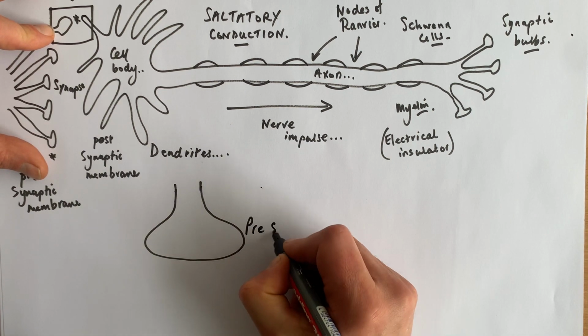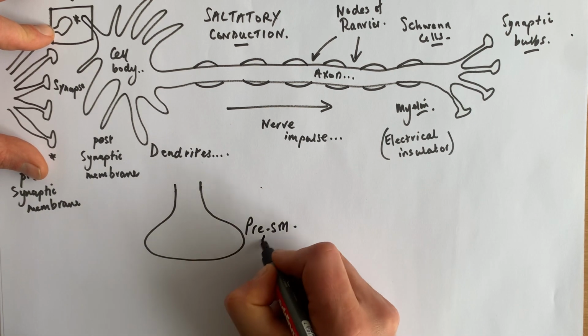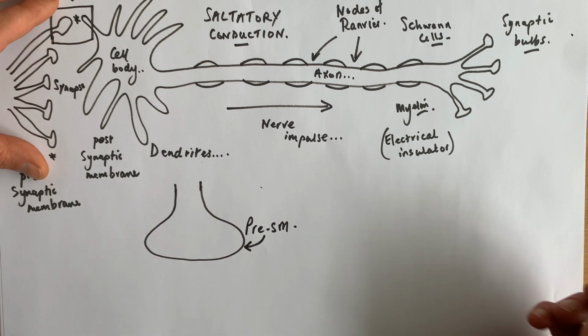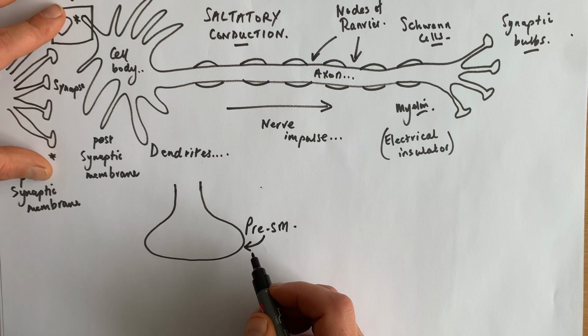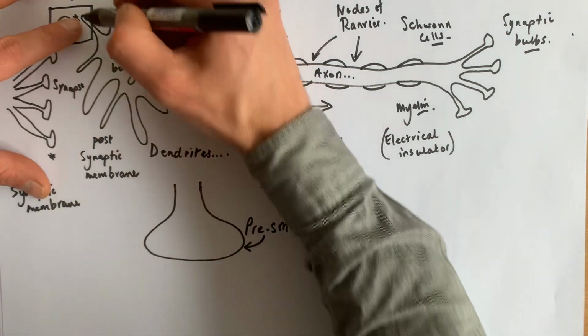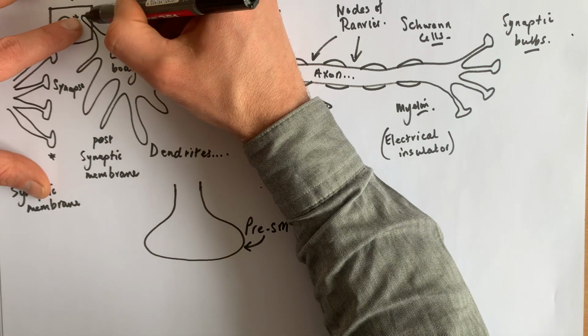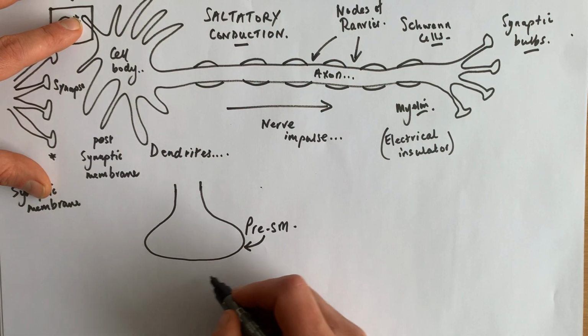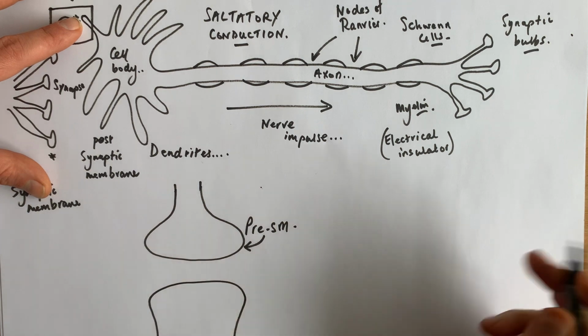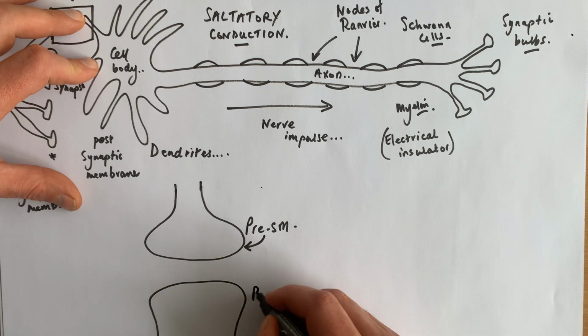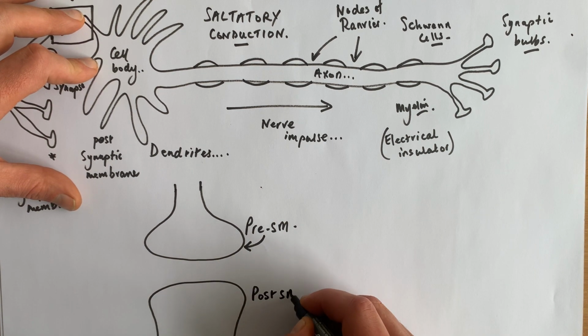So I'll just put presynaptic membrane, which is that membrane there. This is the presynaptic neuron, and the gap here would be the synaptic cleft. And then what we're going to have is the cell membrane of the dendrites, which we now call the postsynaptic membrane. So we'll do that at the bottom. So this is postsynaptic membrane.